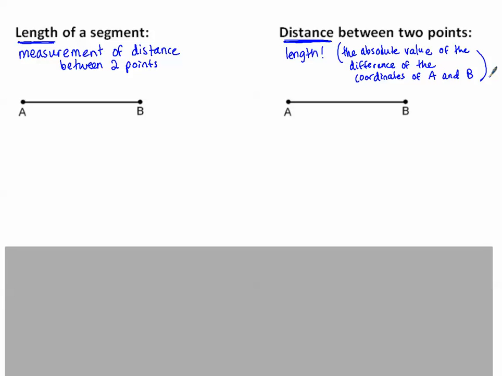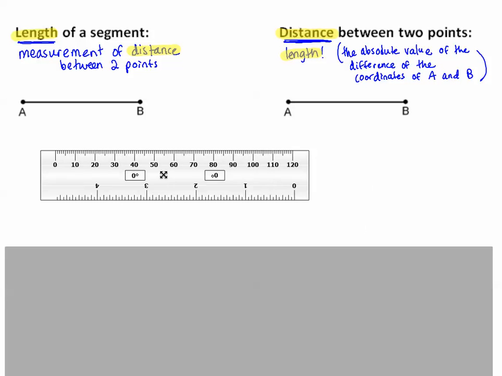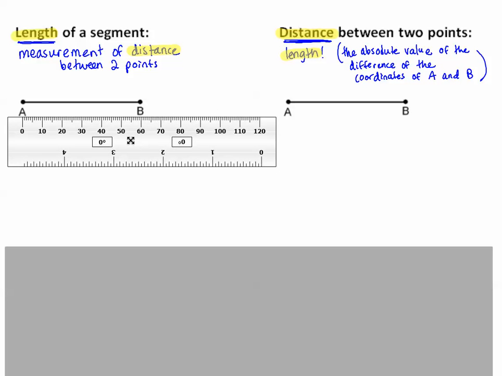Well, what does all of that mean? I'll show you. Really, the most important part to remember is that length means distance, distance means length. There's just different ways to describe it. I've grabbed my ruler so I can measure the length of this segment.